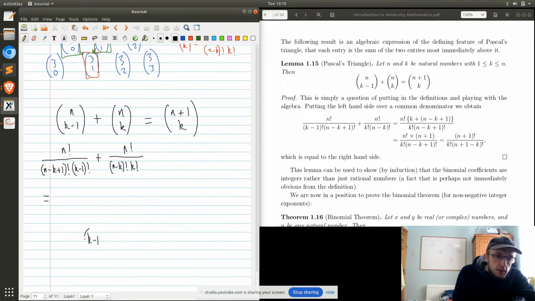So is k minus 1 factorial equal to k factorial? No, you have to multiply it by k, and then it's equal. So he would have multiplied this bit by k to get it equal to this bit.